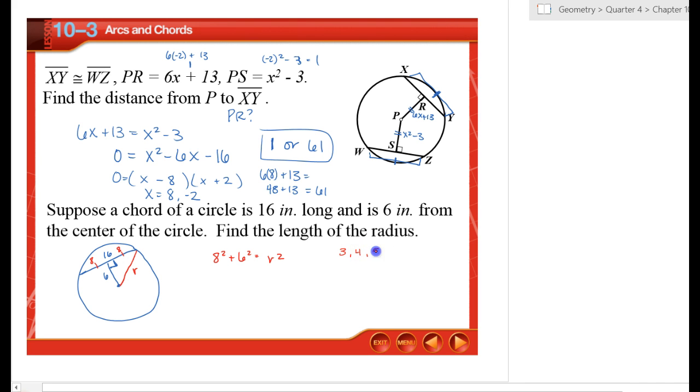Because remember, that's a triple. If I multiply each by 2, I get 6, 8, and what's missing is 10. So the radius is 10. Again, beneficial to know those triples. Makes things move a little bit faster. You can do the Pythagorean theorem, you'll still get 10. So my radius is 10.